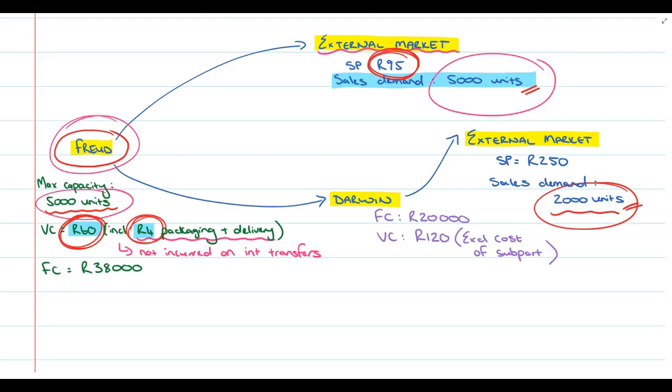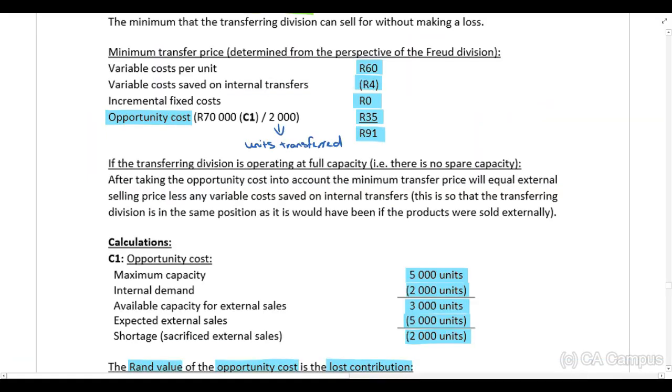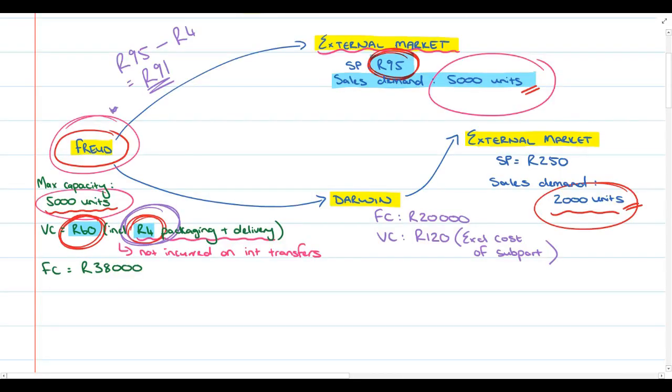If that's the case, when you calculate your minimum transfer price, it's going to be equal to the external price of 95 Rand minus any variable costs that are saved on internal transfers, giving me a minimum transfer price of 91 Rand. You can see that ties into this 91 Rand we calculated. And the reason for that is because the Freud division is operating at maximum capacity, if those units are transferred internally, the Freud division must be in the same position that they would be if the units were sold externally.